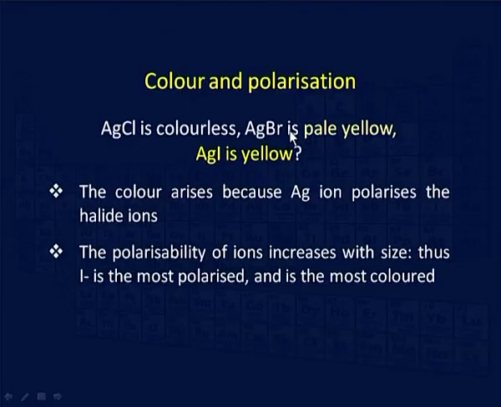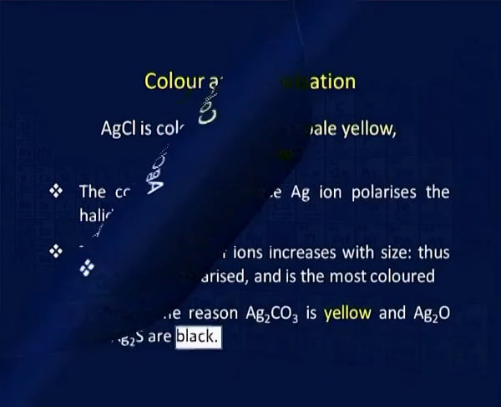In all these three cases, silver ion is polarizing the halide ion, but the polarizability of iodide ion is more, that of bromide ion is intermediate and that of chloride is least, and because of that, depending upon the polarizability of the halide ion, we have a different color of this compound.